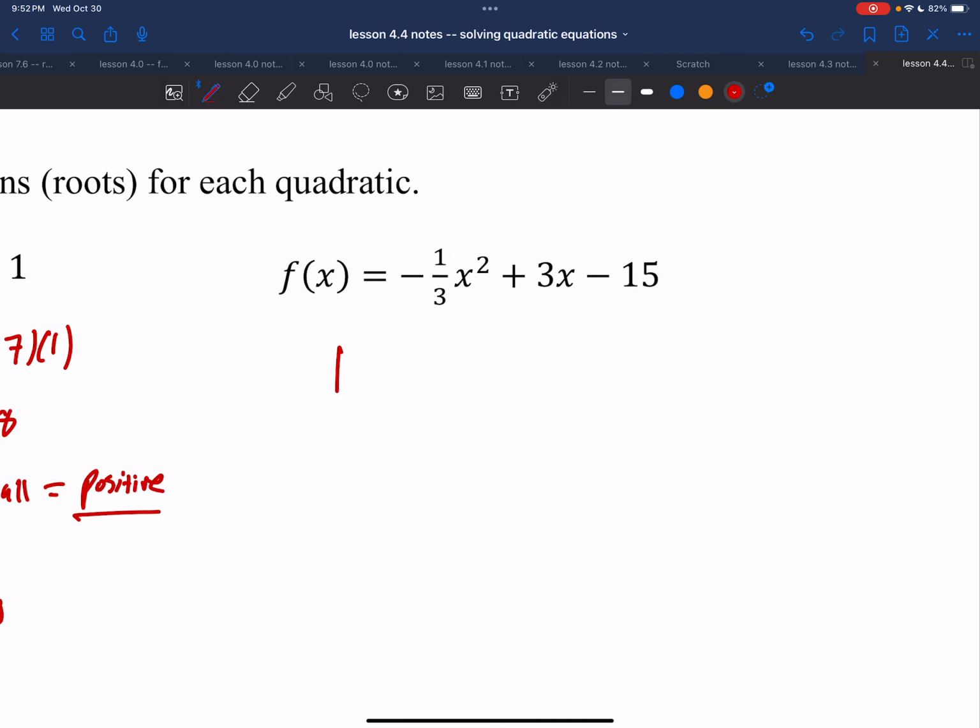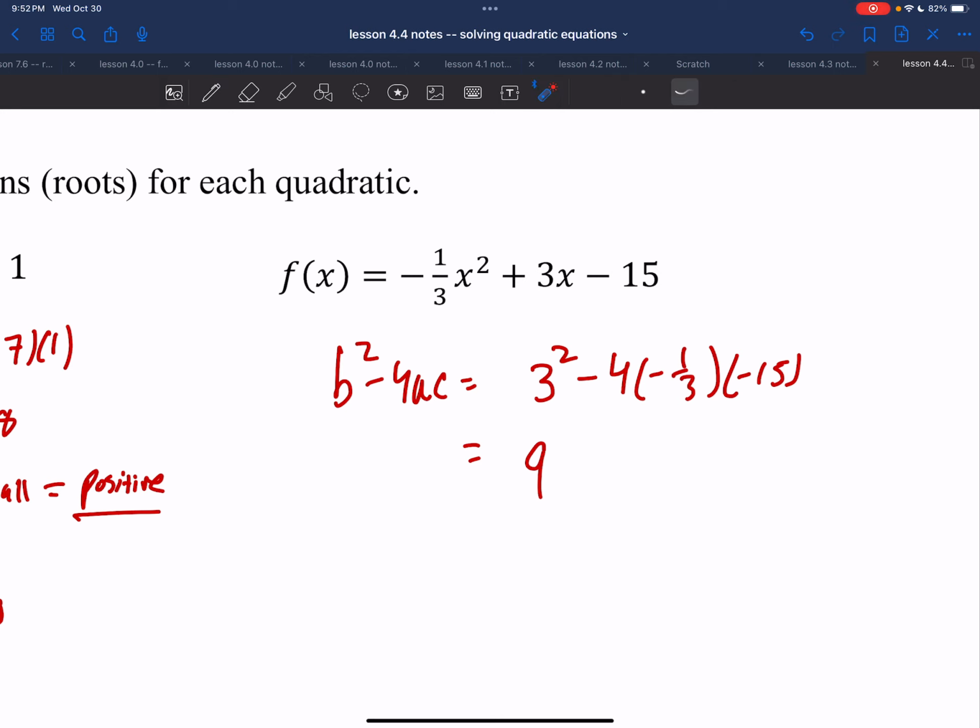For this one, b squared minus 4ac. B squared is going to be 3 squared minus 4 times negative 1/3 times negative 15. And 3 squared is going to be 9. And look, it would be a good idea, since 15 is divisible by 3, to just go ahead and multiply those first.